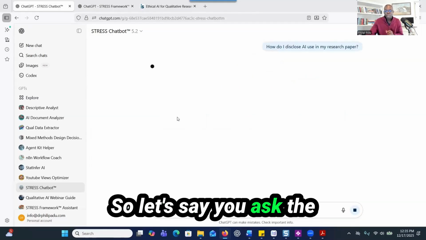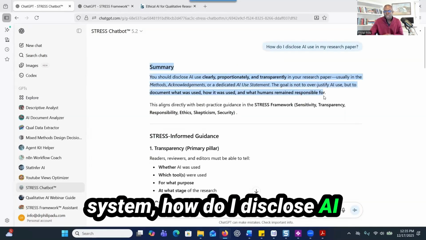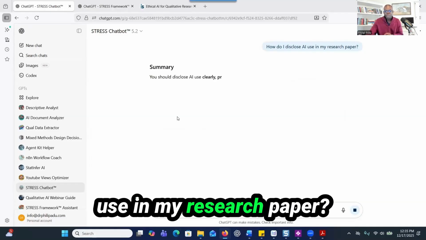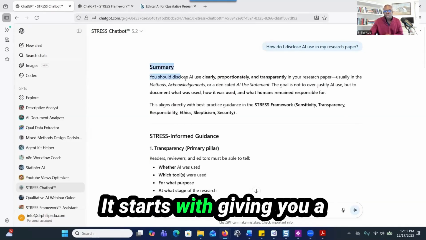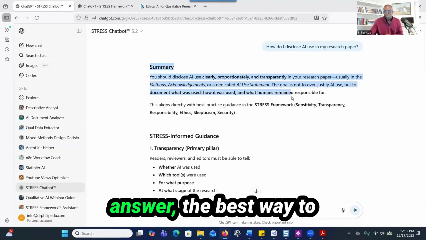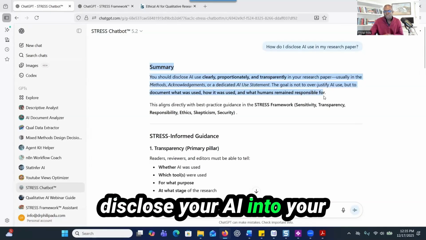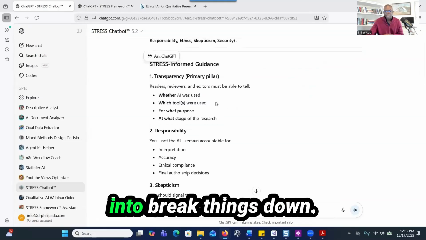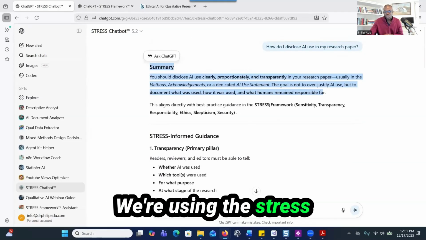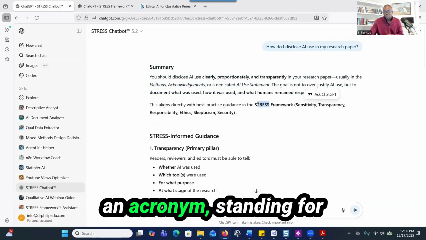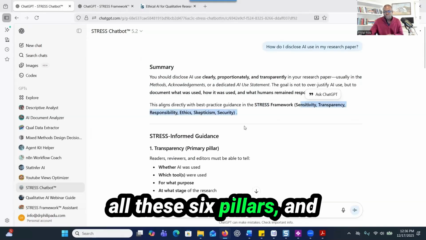So let's say you ask the system, how do I disclose AI use in my research paper? It starts by giving you a summary, a direct answer about the best way to disclose your AI use in your research. And it goes ahead to break things down. We're using the STRESS model, an acronym standing for these six pillars.